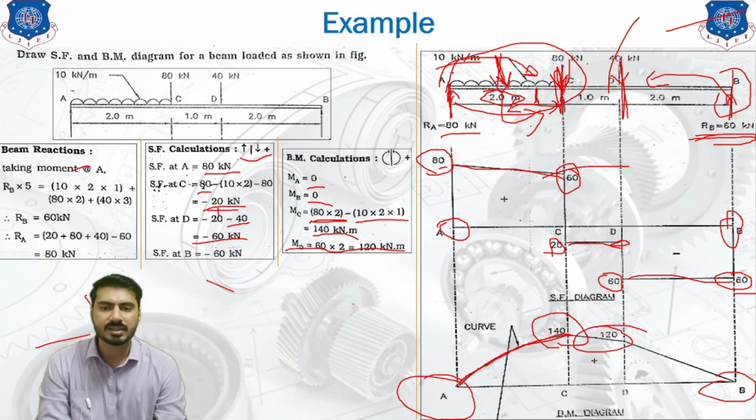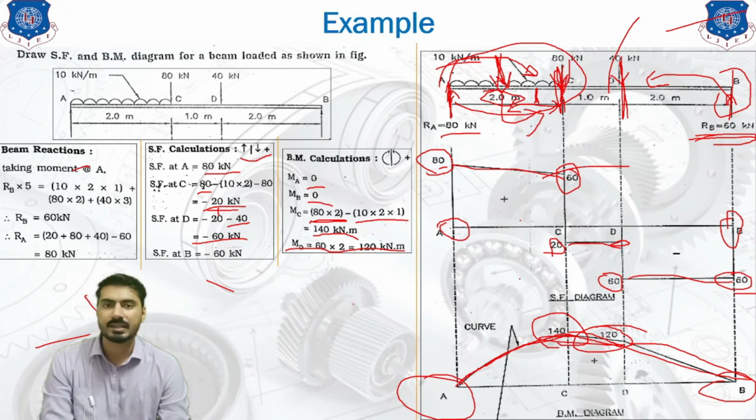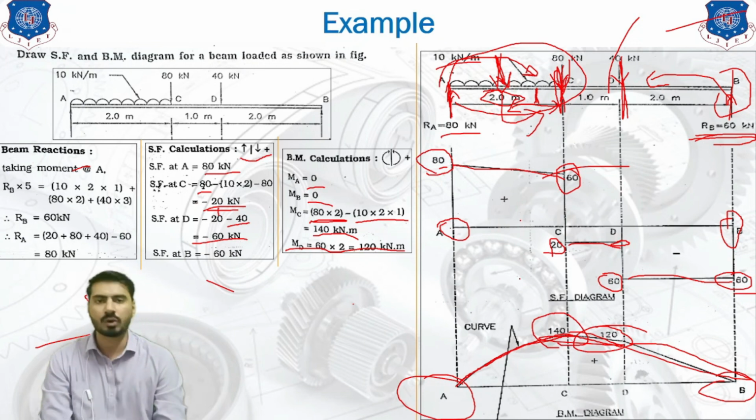But if you notice, between the C and D there is no UDL. So we have connected the diagram using the inclined line. And lastly, between the D and B, we have also used one inclined line. So this is how the entire bending moment diagram is drawn.